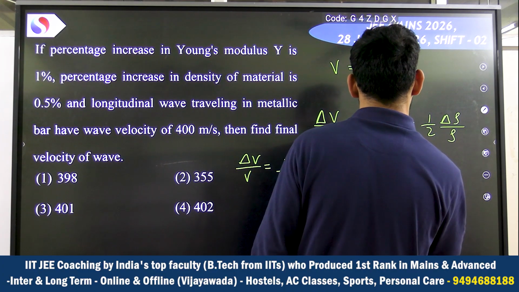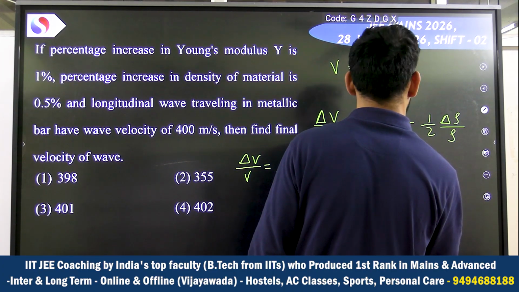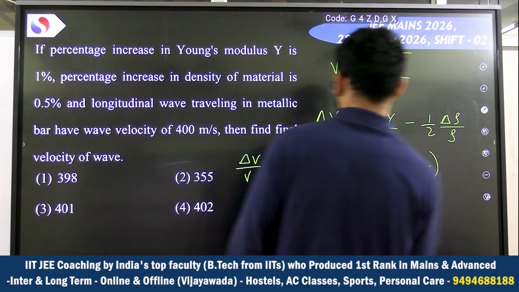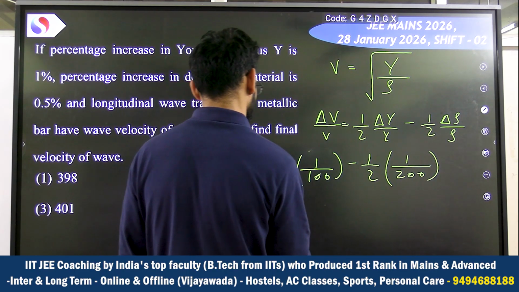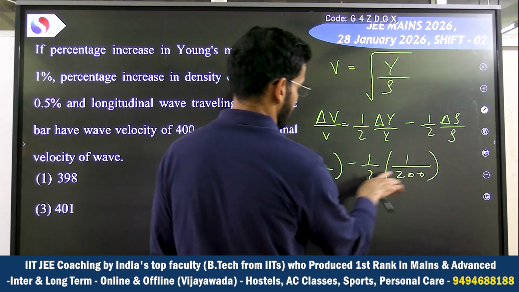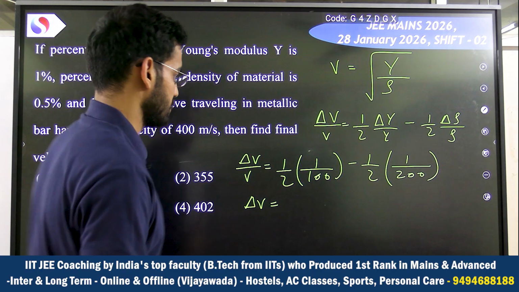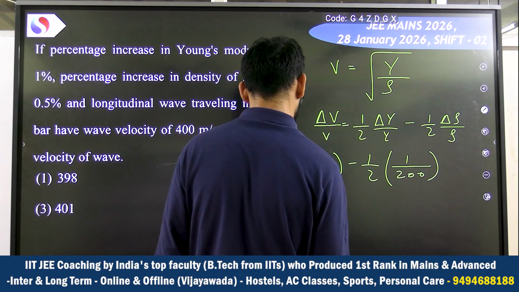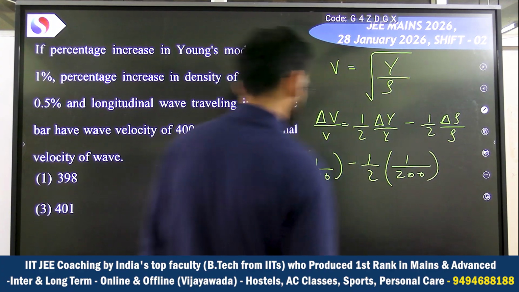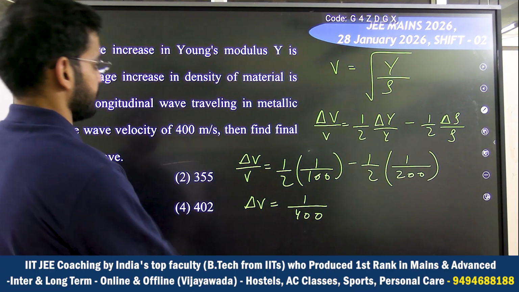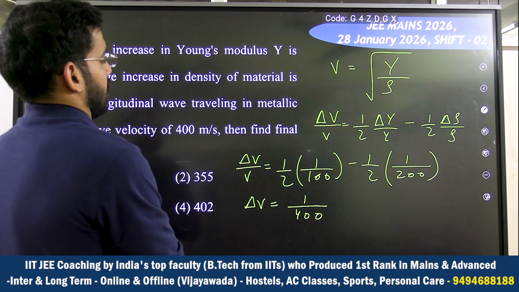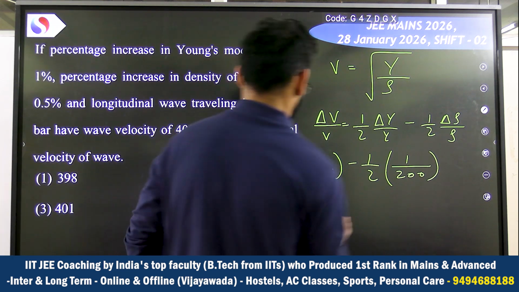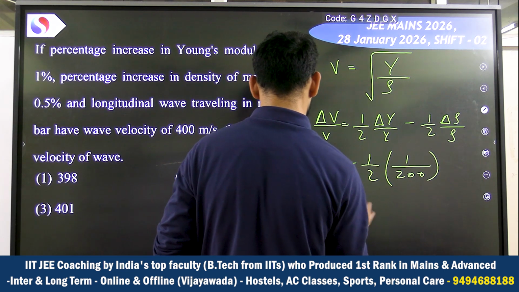And half here, also half, so 200. Okay, so this is delta V. Delta V will come how much? This is 1 by 200 minus 1 by 400. So this will come how much? 1 by 400. Okay, that's it. Into V. This is in fraction.